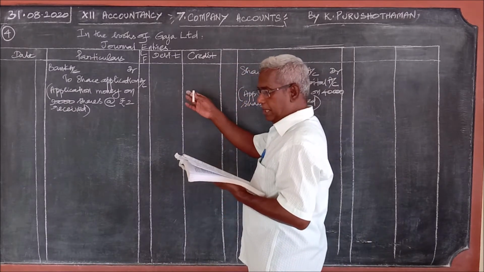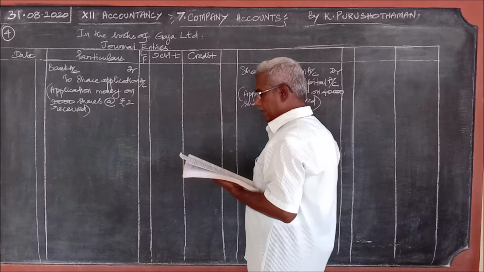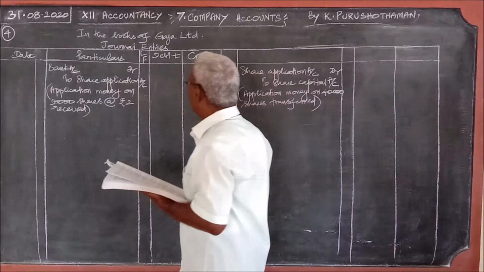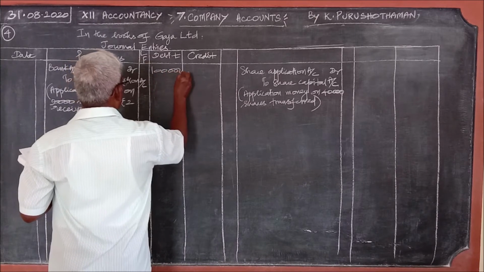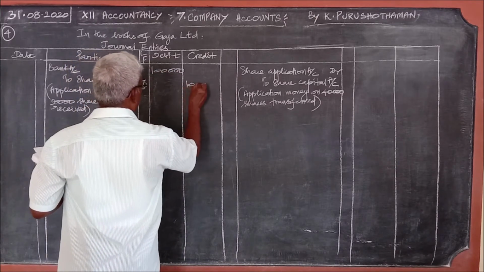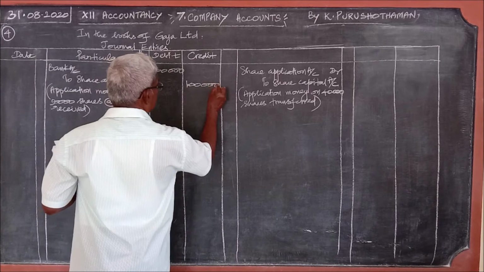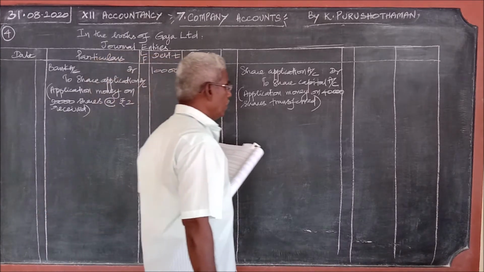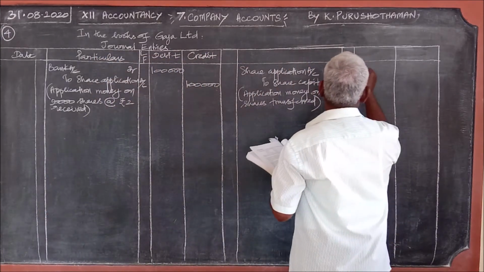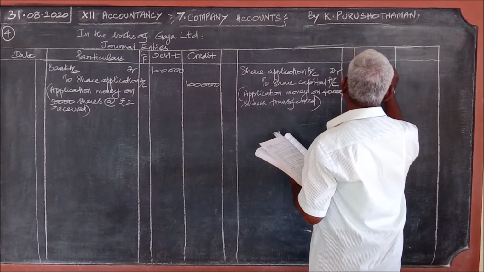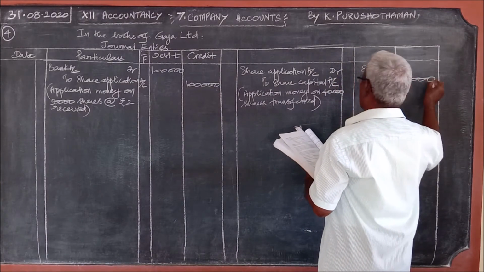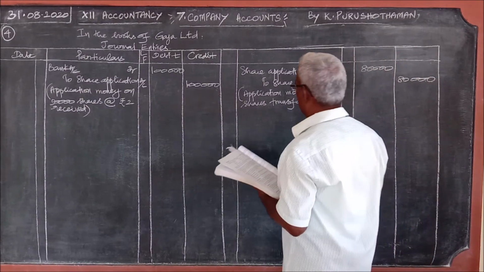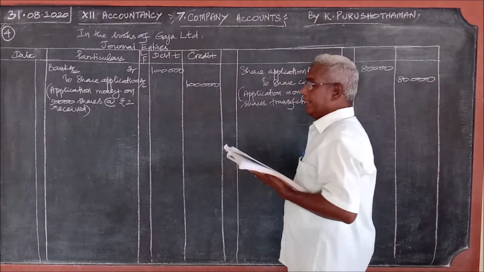Here it is 50,000 shares, 50 into 2, 1 lakh. But here only 40,000 shares, 40 into 2, 80,000.